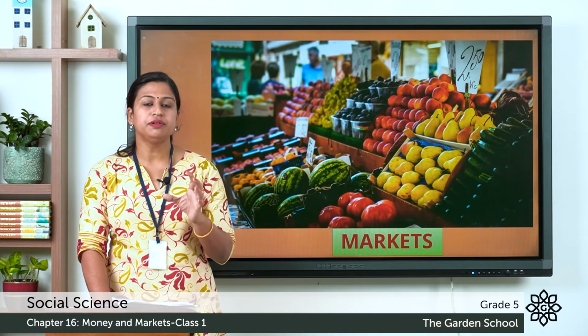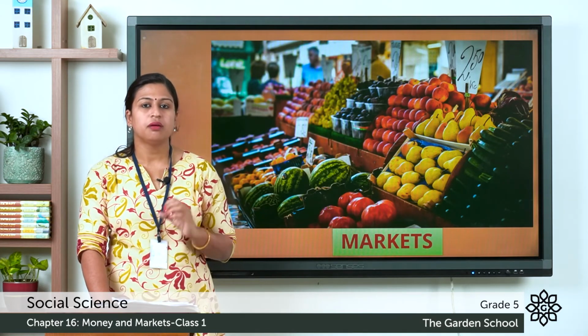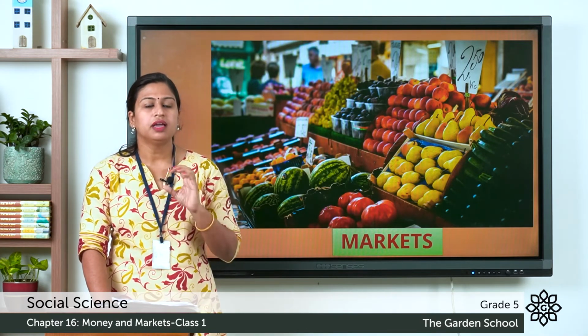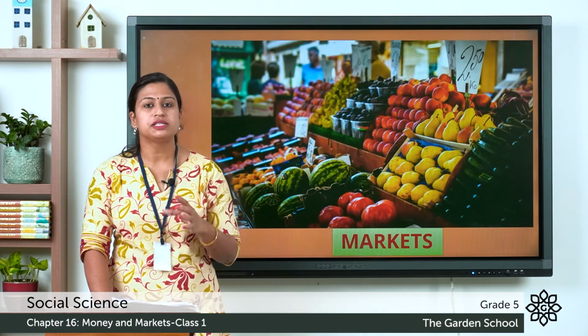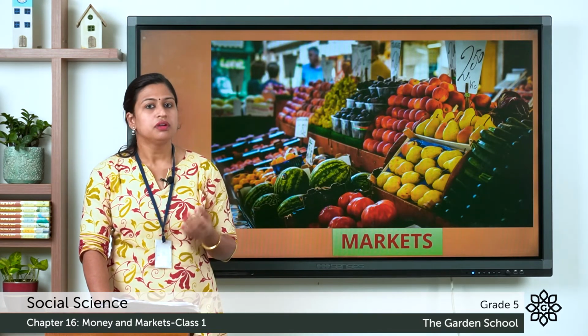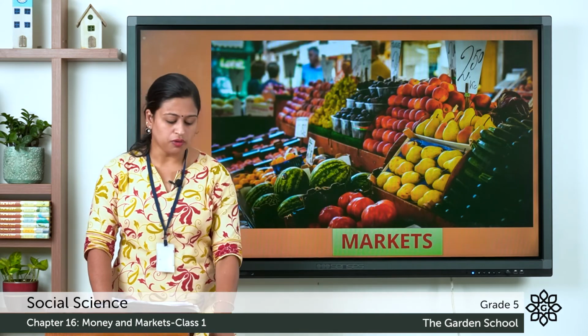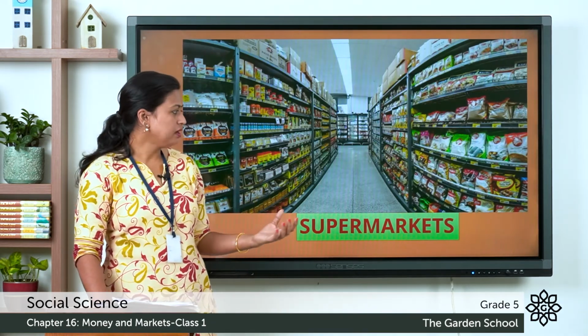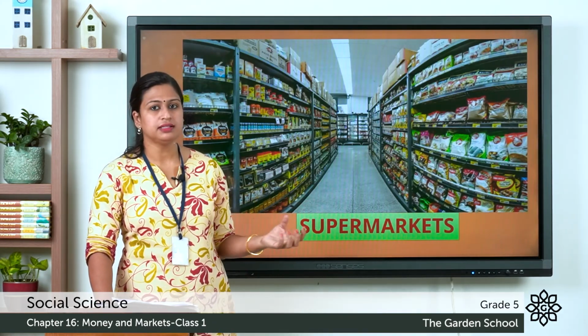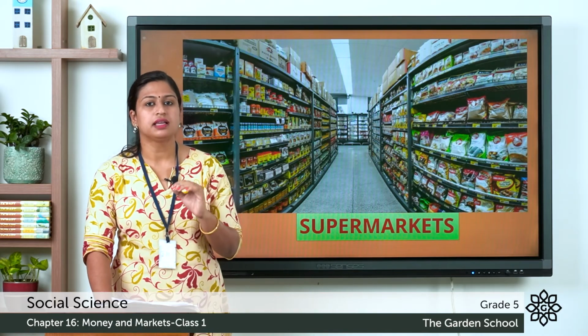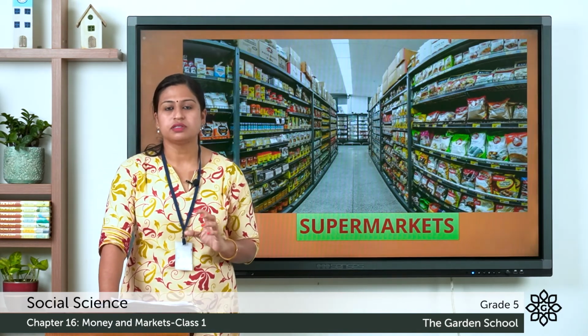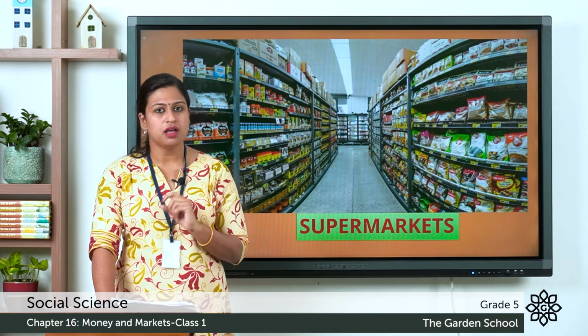So there are different shops for different things. But a supermarket is a very large store which sells different things. So instead of going to different shops, you can go to a supermarket where you can get different things in a single store, and this saves time. So this was the difference between market and supermarket.